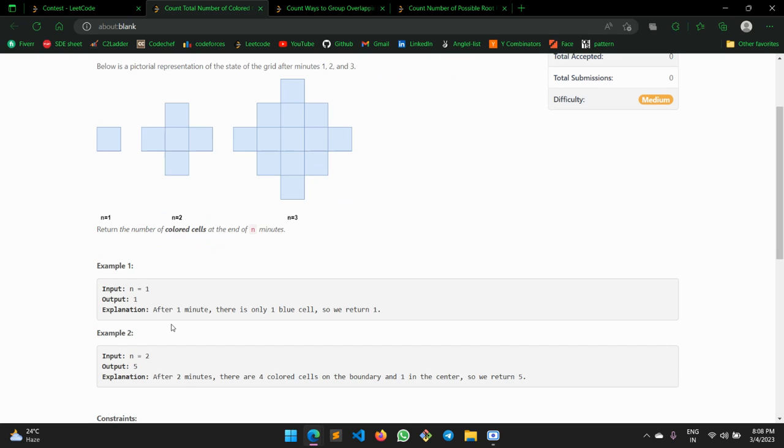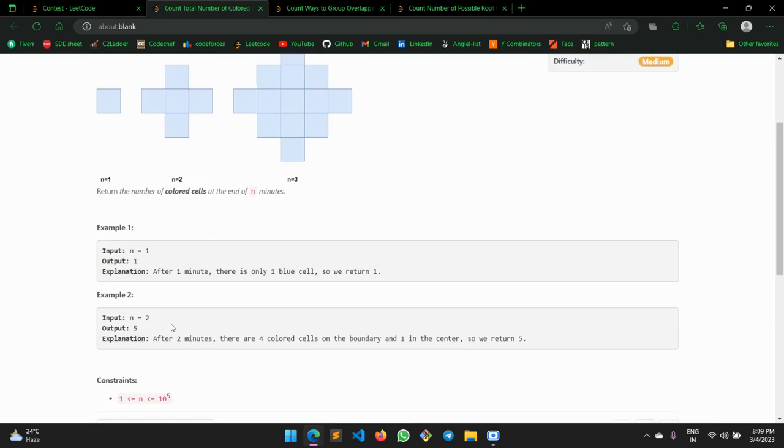I think there's a pattern, something like 1, 3, 5, 7, and then it will decrease in the same pattern. Okay, so 1, 3, 5, 7. I think I got it.